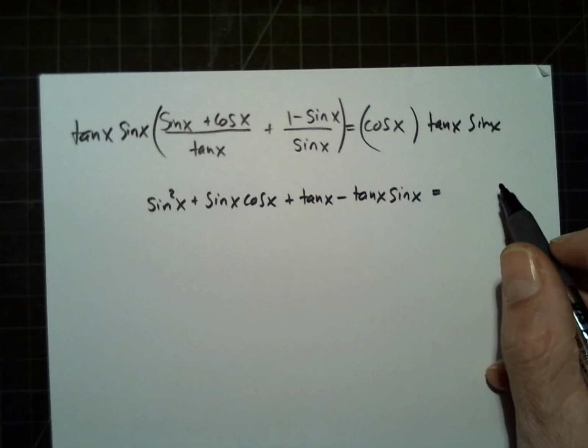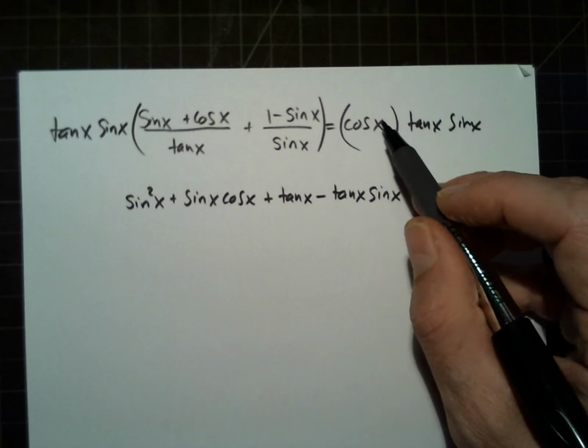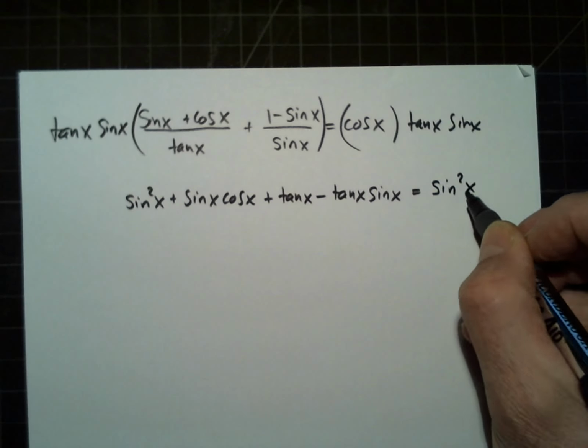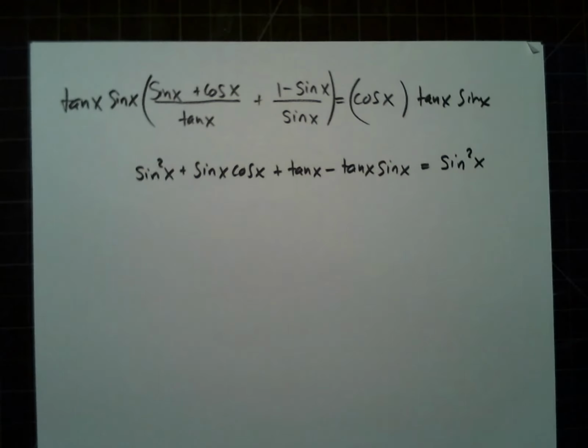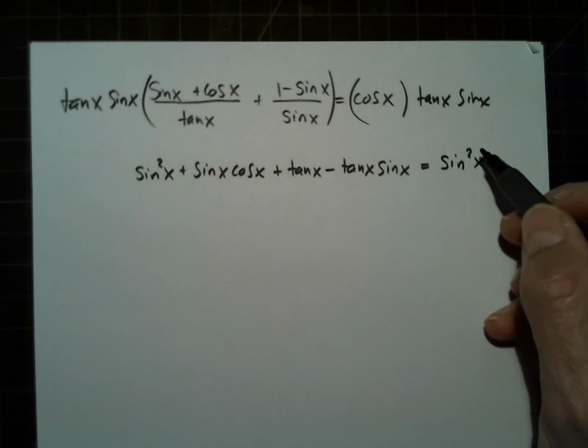And over here we have, this is sine over cosine, so we'll cancel the cosine, we'll have sine times sine. Sine squared minus sine squared, so that's gone.